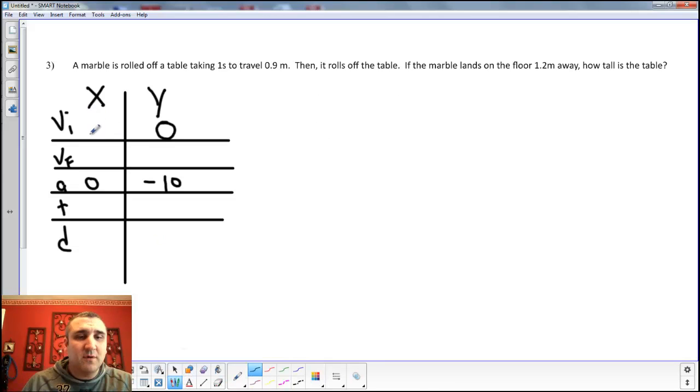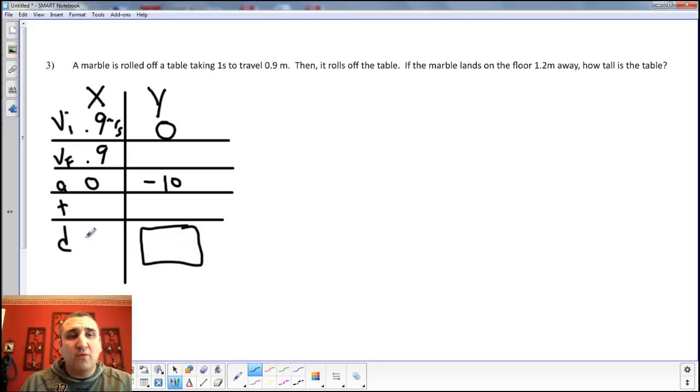So if we got that 0.9, we know that's going to be 0.9 because we're traveling the x dimension. We don't know the y. However, we do know the x, and the x is 1.2. So here's our table. It went off at 0.9 meters per second. It lands 1.2 meters away.